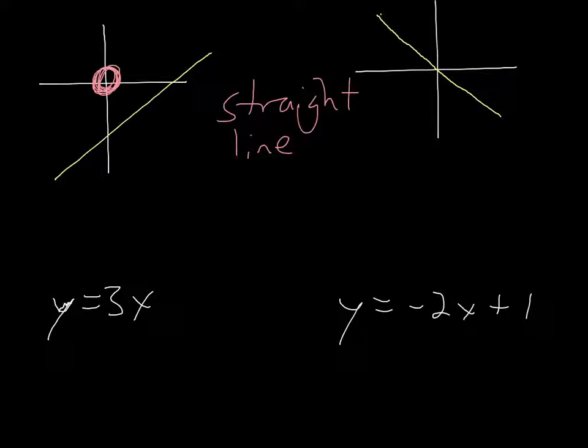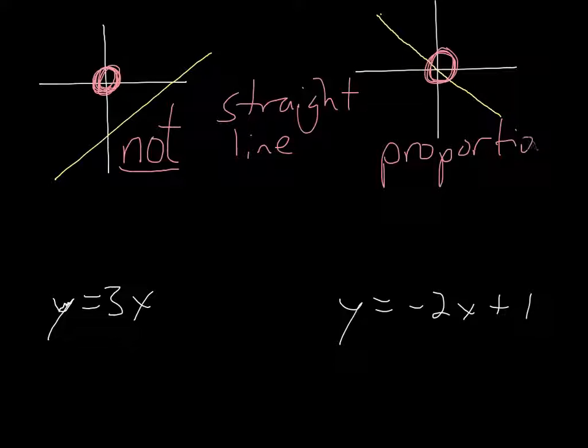This one is a straight line, but obviously does not go through the origin, so it is not proportional. The second one is a straight line, and it goes through the origin, so it is proportional.